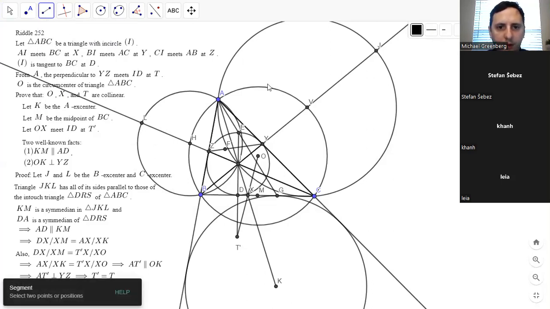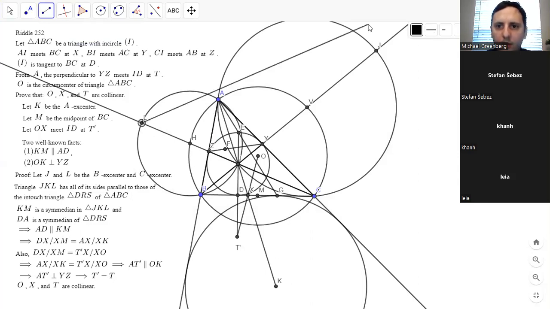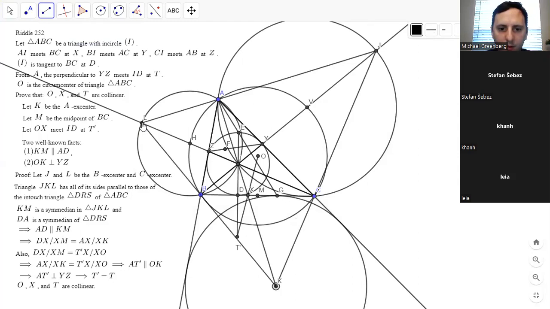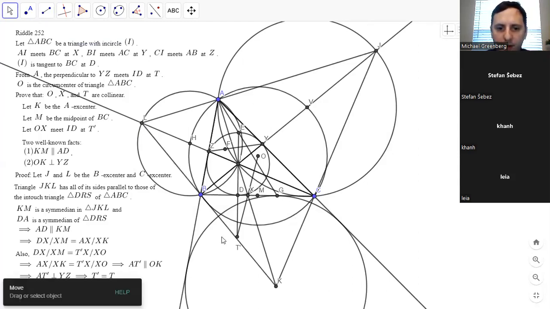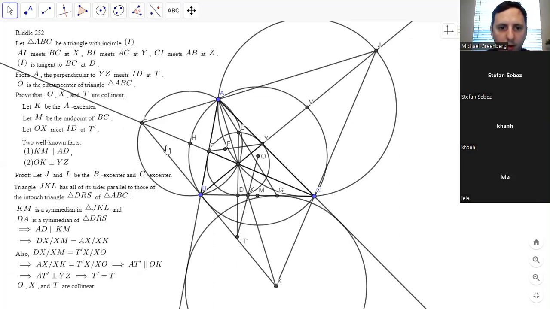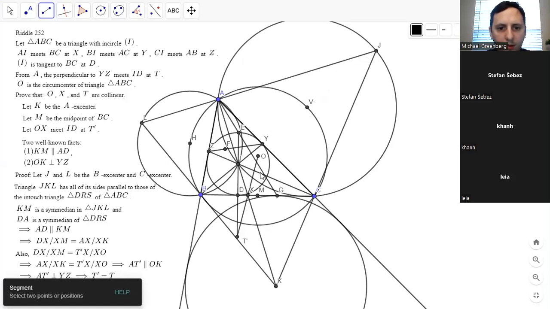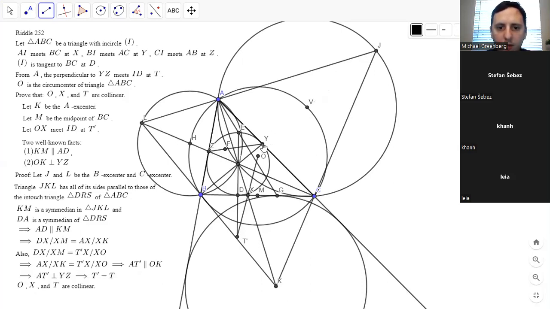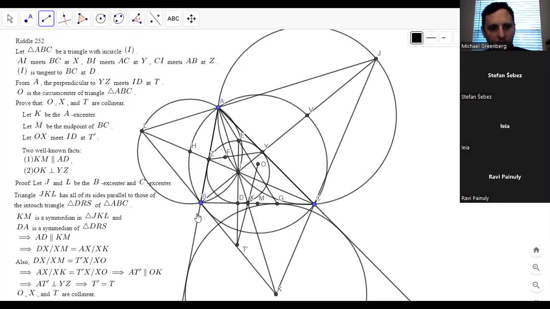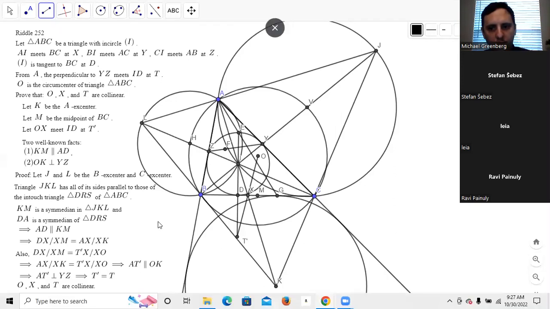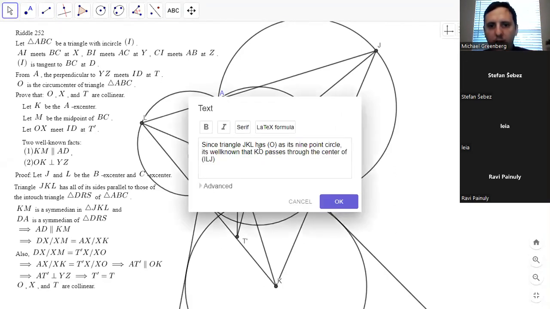So we have this triangle here, JKL, and since JKL has O as its nine-point circle, KO passes through the center of IJL.